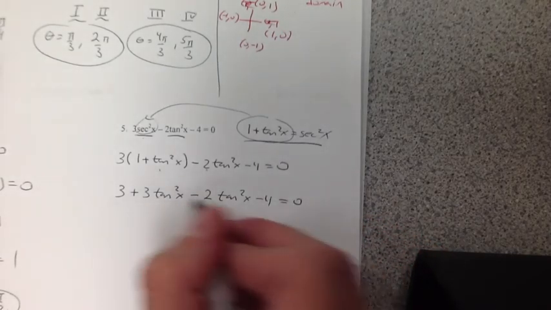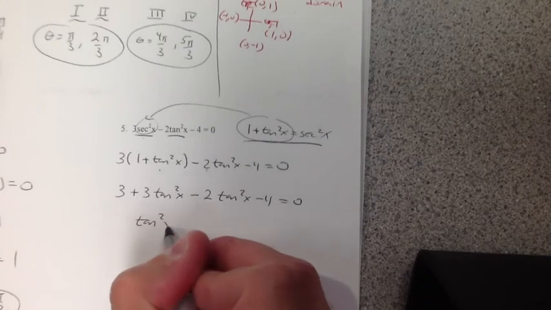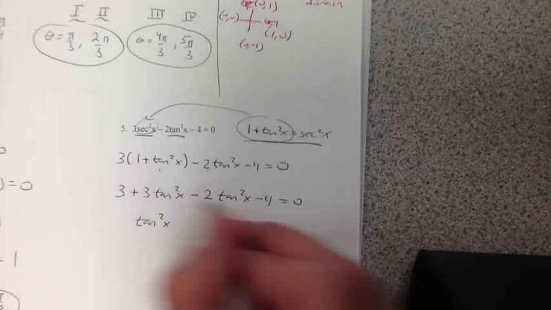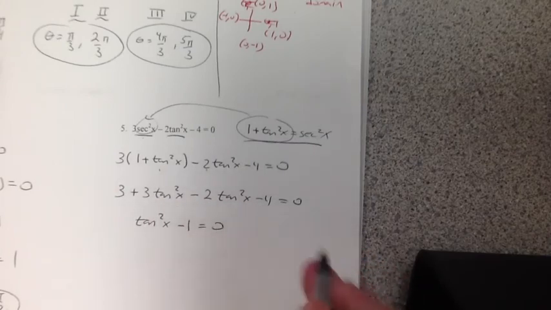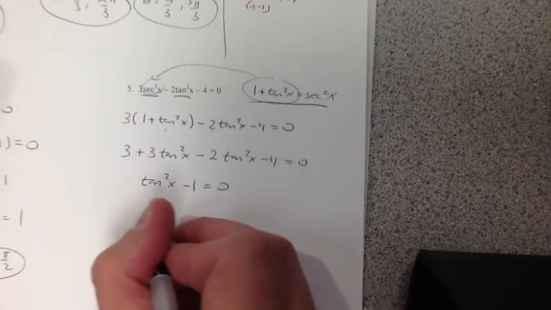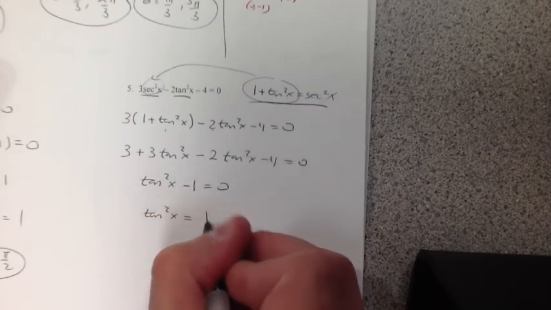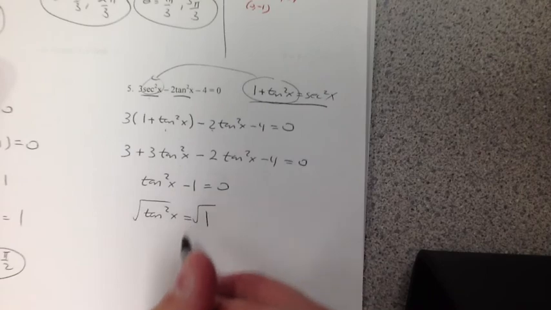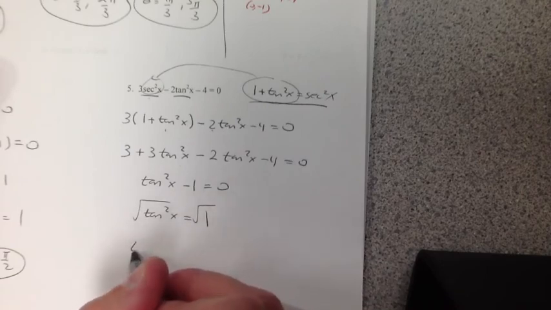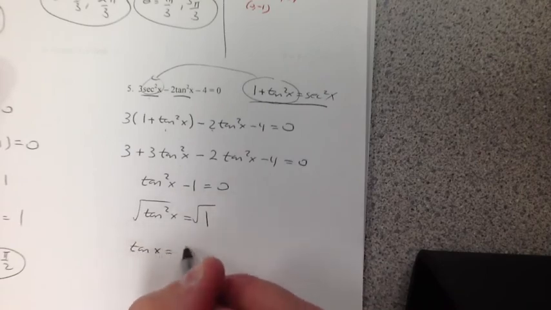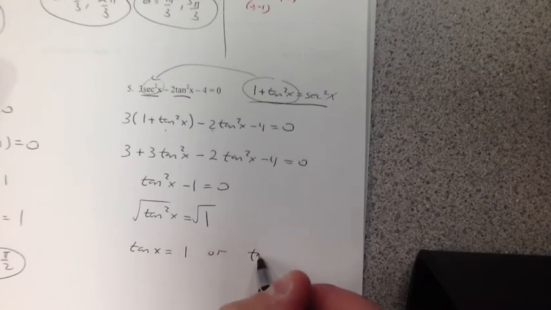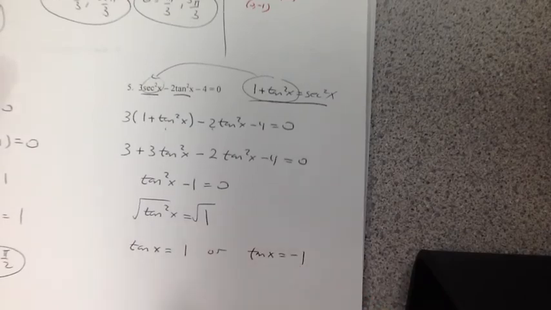Solving it, combine the like terms, I get the tangent squared of x minus 1 equals 0. Solving it, the tangent squared of x equals 1. Take the square root. Remember, we get 2 answers. We get the tangent of x equals 1, or the tangent of x equals negative 1.